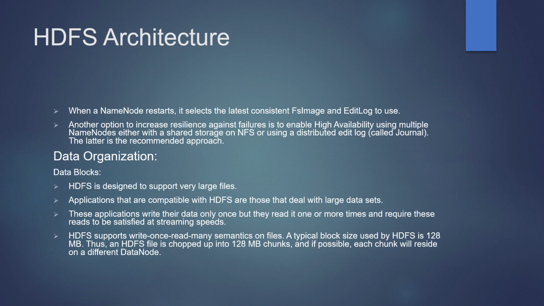When the name node restarts, it selects the latest consistent FS image and edit log to use. Another option to increase resilience against failure is to enable high availability using multiple name nodes, either with a shared storage on NFS or using a distributed edit log. The latter one is the recommended approach.